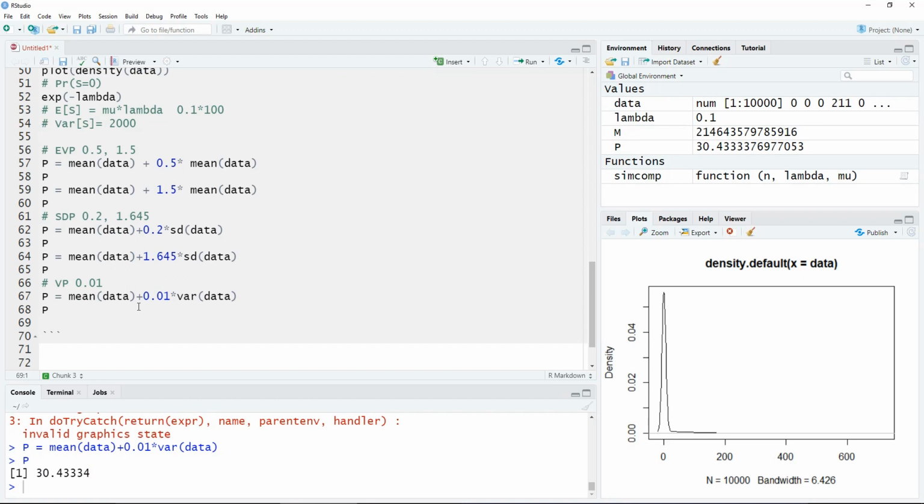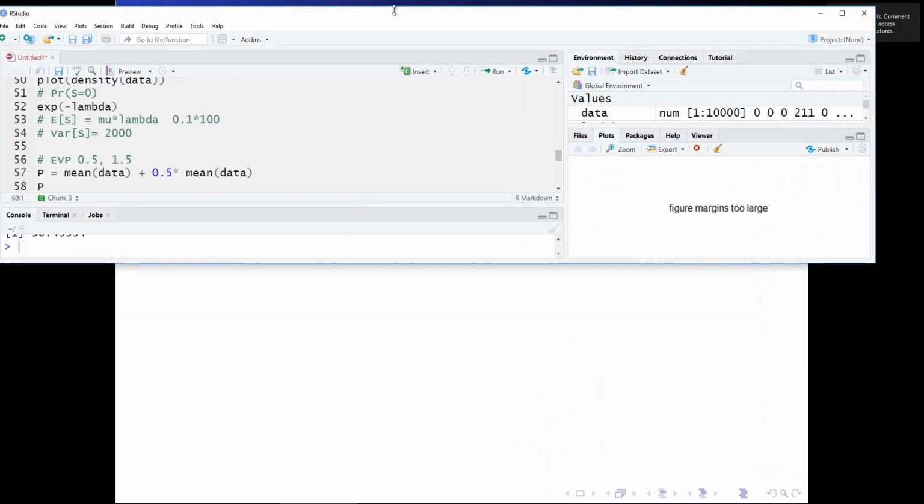Okay, what will be the quantile? Quantile of 0.95.